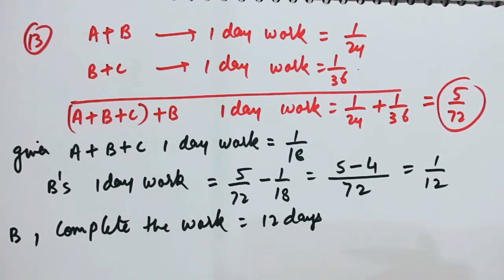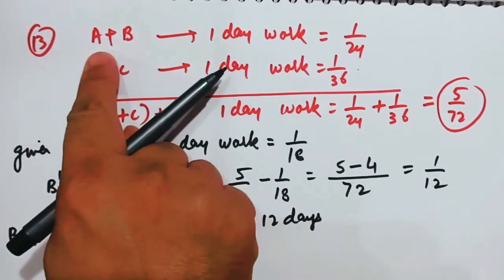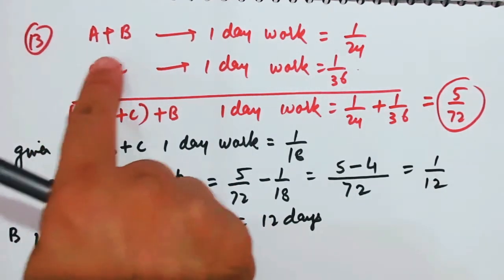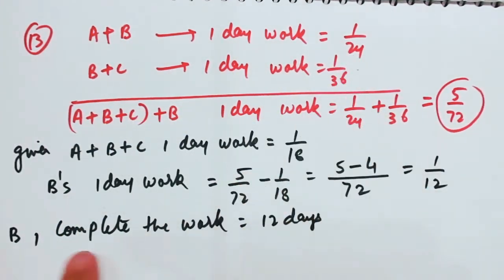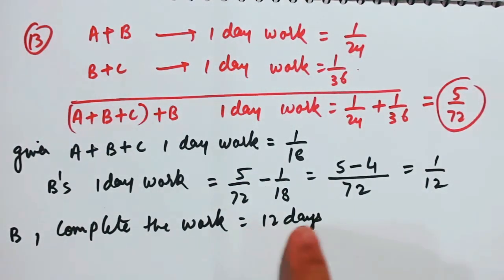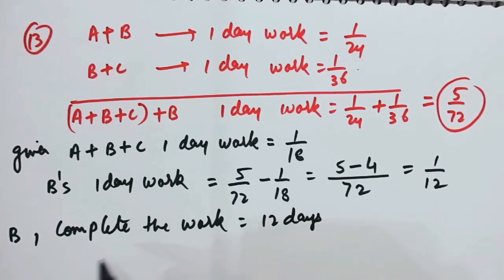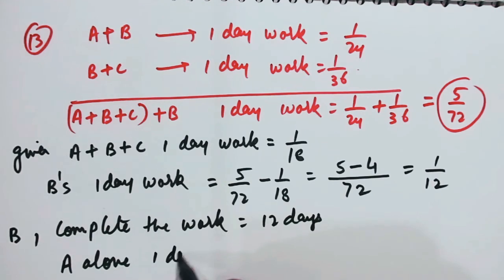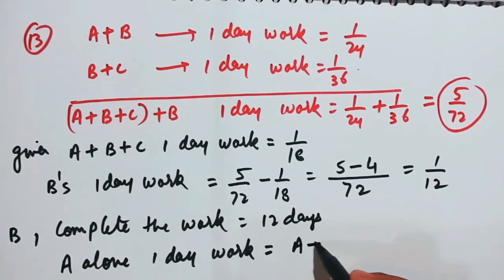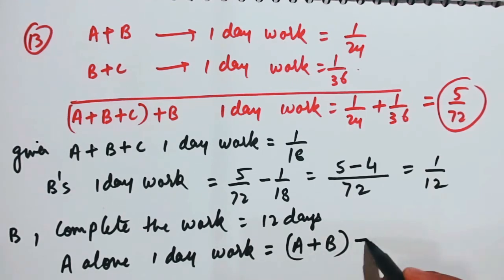Now they are also asking you that in how many days A alone can do it. So have a look. A plus B 1 by 24. You have already found out that B can complete the work in 12 days. So A alone, I'll do only one of them and you do the remaining. Okay. So A alone, one day work will be equal to A plus B one day work minus B one day work.